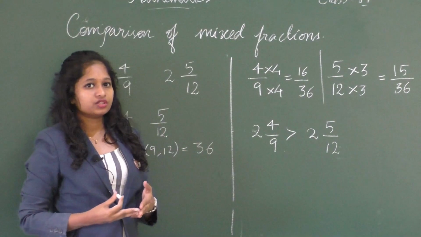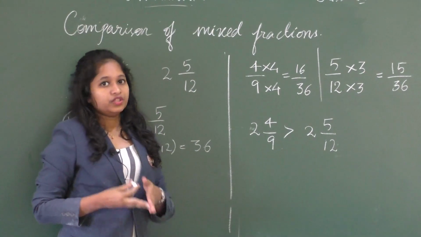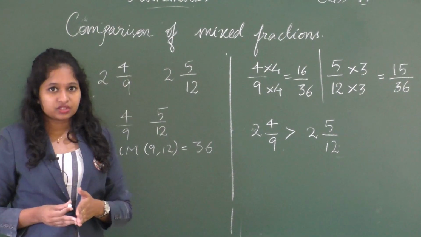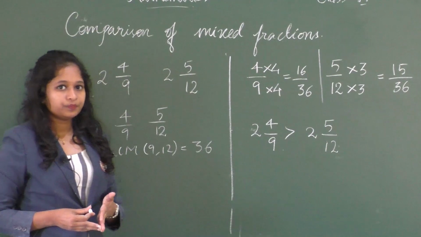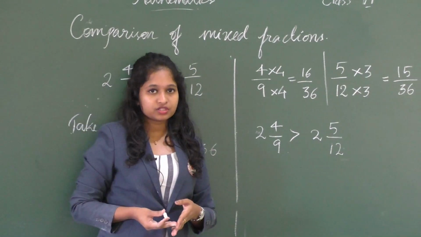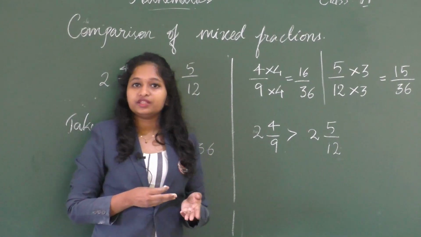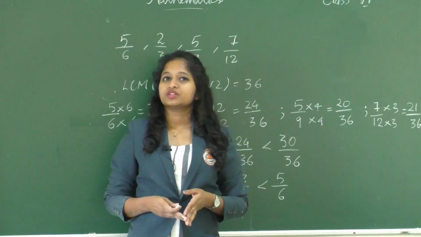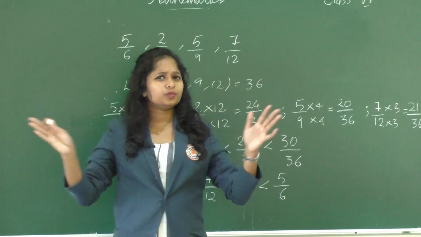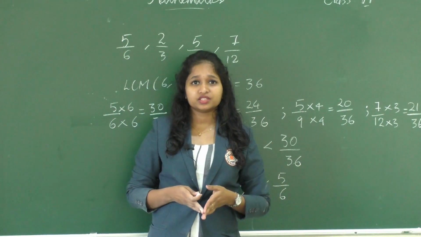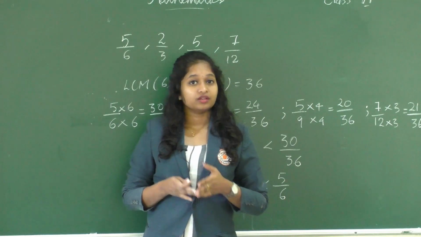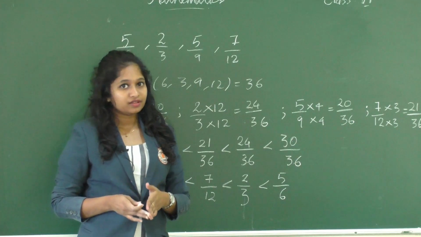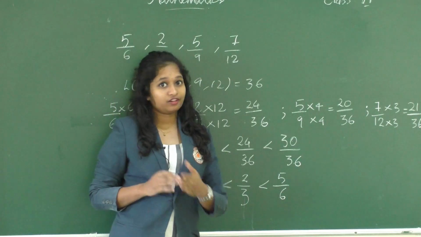When you get any question like this, when the whole parts are same, you have to just take the fraction and then find the LCM and convert it into like fractions and then find which mixed fraction is greater and smaller. So children, when you get a group of fractions, how to compare it? You have to find the LCM of all the denominators and then solve as we did earlier.